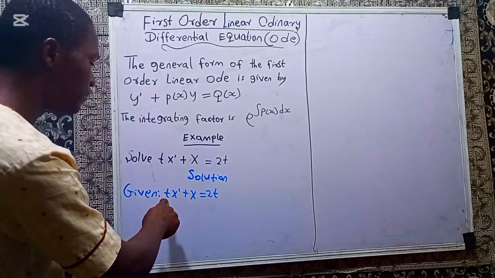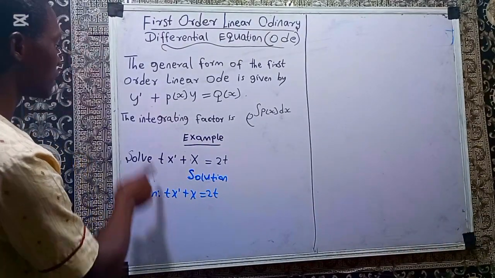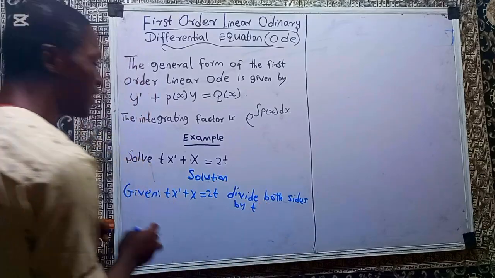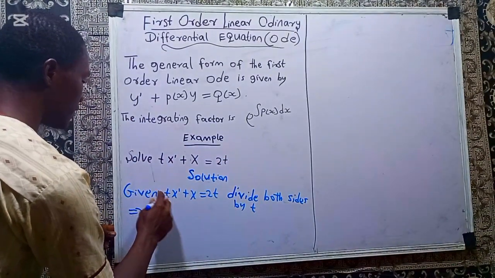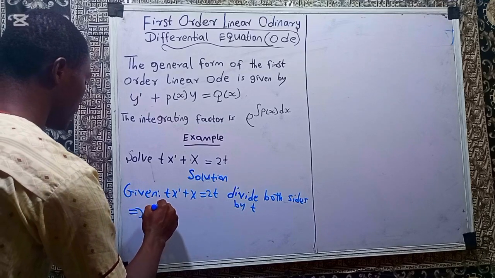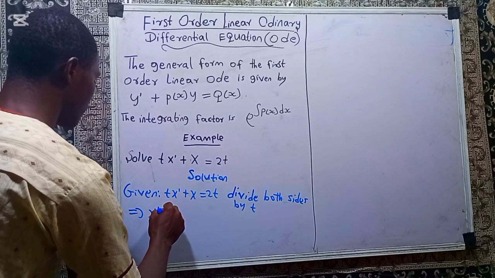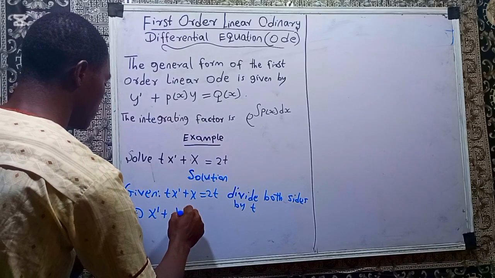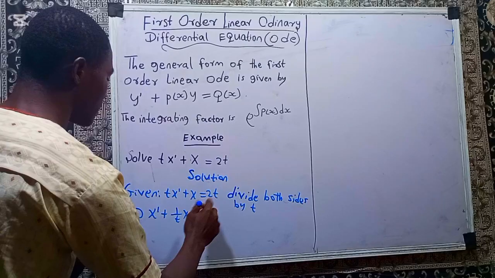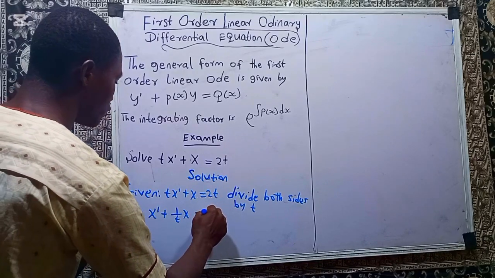You divide both sides by that coefficient, making sure that the coefficient is 1. So this implies, divide here by t, you have x prime. Divide this place by t, we have plus 1 over t x. Divide here by t, you have what? 2t divided by t, you have 2.